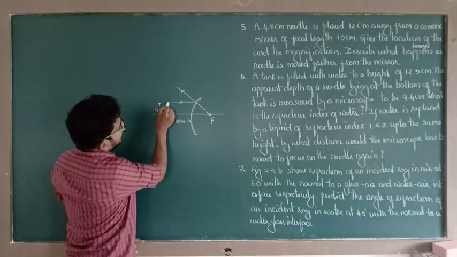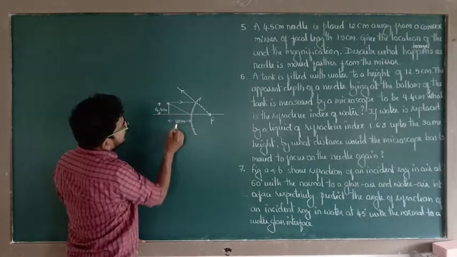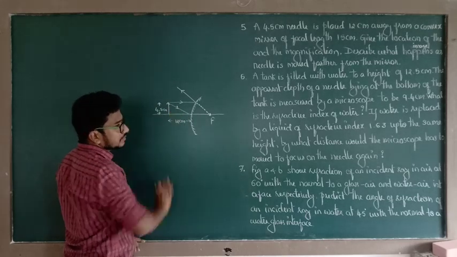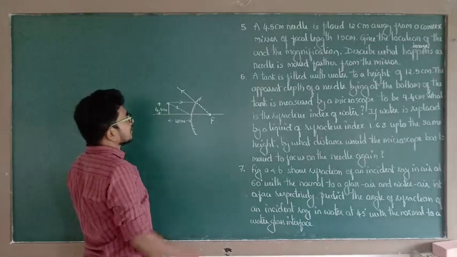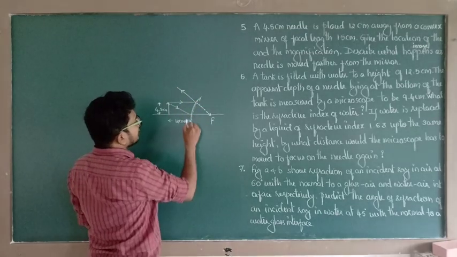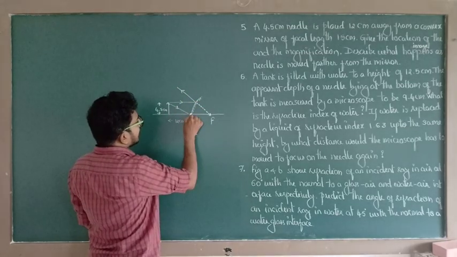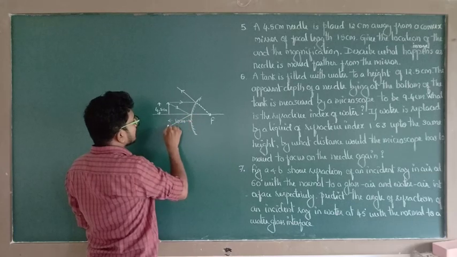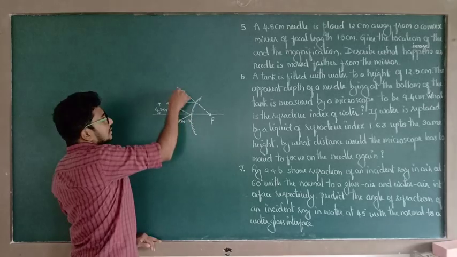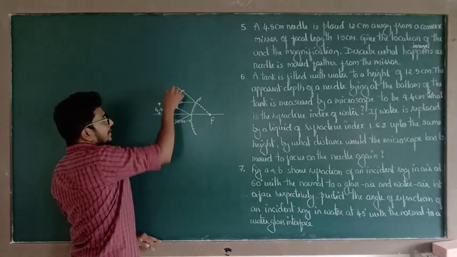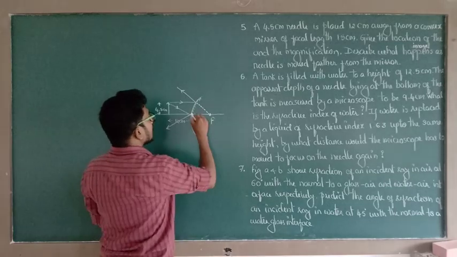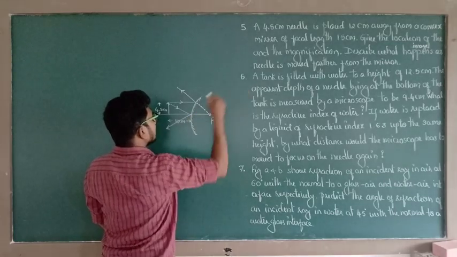Another incident light ray is oblique to the principal axis, that means making some angle with the principal axis. If the incident light ray is oblique to the principal axis, then after reflection the reflected light ray is also oblique to the principal axis. These two reflected light rays never meet each other, so I am going to extrapolate them in the backward direction.